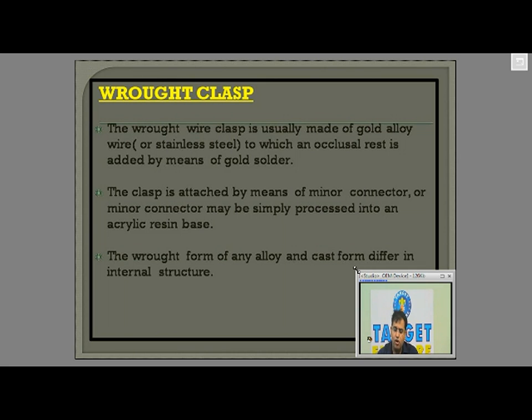So the Rottweiler or combination clasp, which has a Rottweiler retentive arm and a cast reciprocal arm on the lingual side, is called a combination clasp. That is why the Rottweiler clasp is indicated in class 1 and class 2 partial dentures, while a cast circumferential clasp is contraindicated in a Kennedy class 1 and class 2 partial denture in which the retentive undercut is on the mesiofacial side.